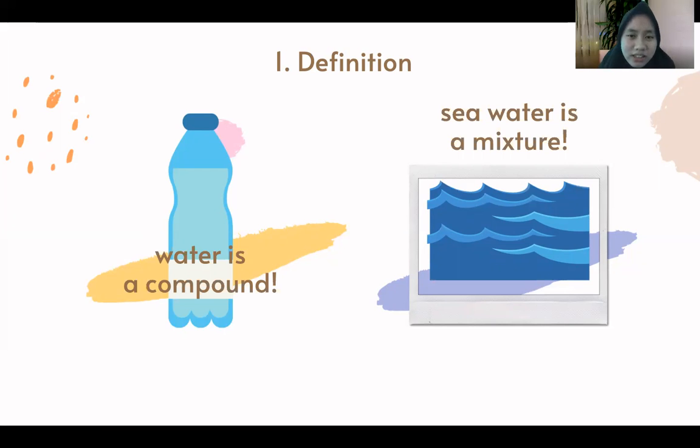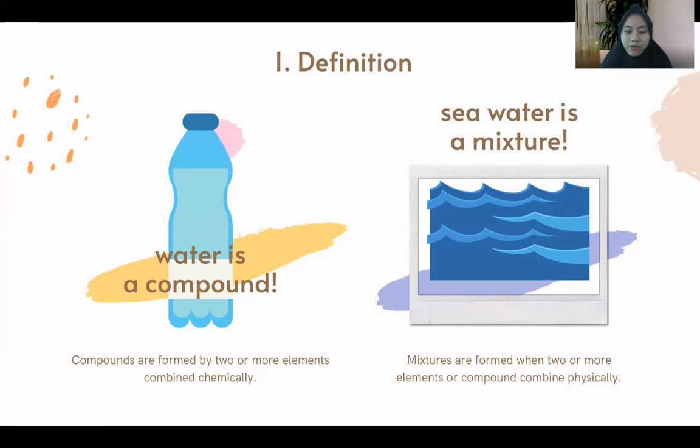So let's see the definition of compound and mixture. Compounds are formed by two or more elements combined chemically, while mixtures are formed when two or more elements or compounds combine physically.